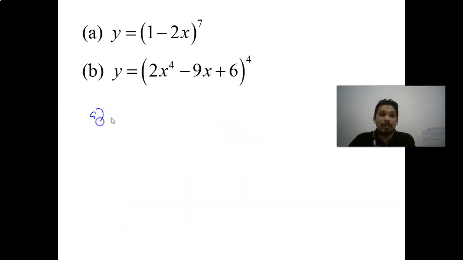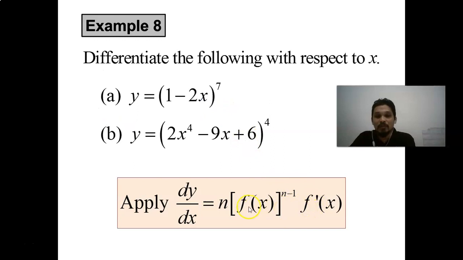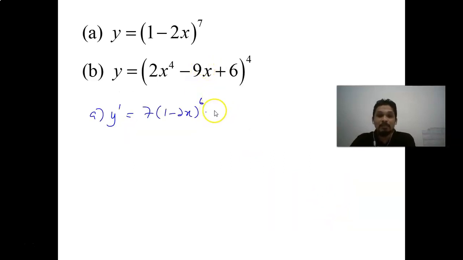So for a, y prime equals, now slowly differentiate the function. We bring down the index of power, which is 7: 7(1 - 2x) to the power of 7 - 1 = 6, multiplied with, don't forget, we need to multiply with f prime of x. So multiply with the derivative of 1 - 2x: the derivative of 1 is 0, the derivative of -2x is -2.